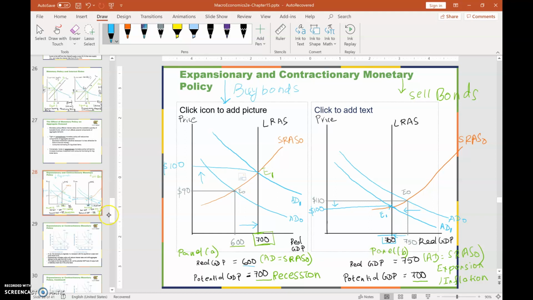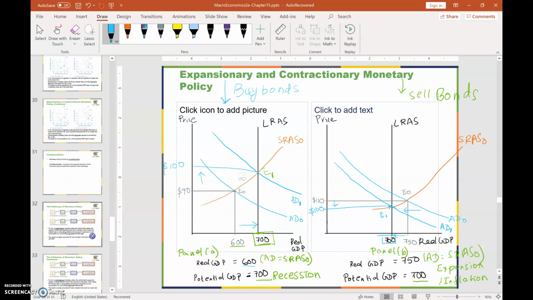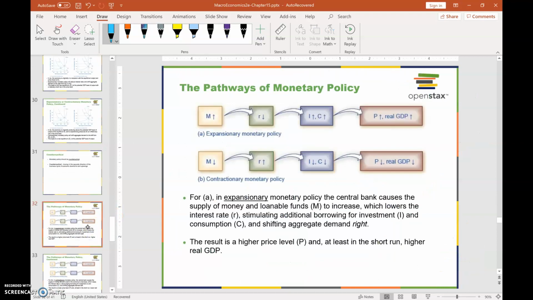Okay. Now we can look at the pathways or the effects. Expansionary monetary policy, money supply increases. Why does money supply increase? Because the quantity of loans increases.